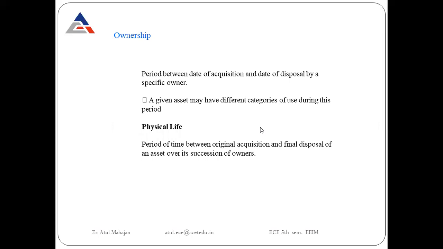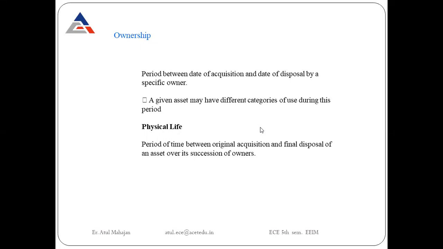Then we come to ownership. Ownership is a period between the date of acquisition and date of disposal by a specific owner. That I need to know, first of all: on what date the owner bought the thing, and on what date it was disposed.